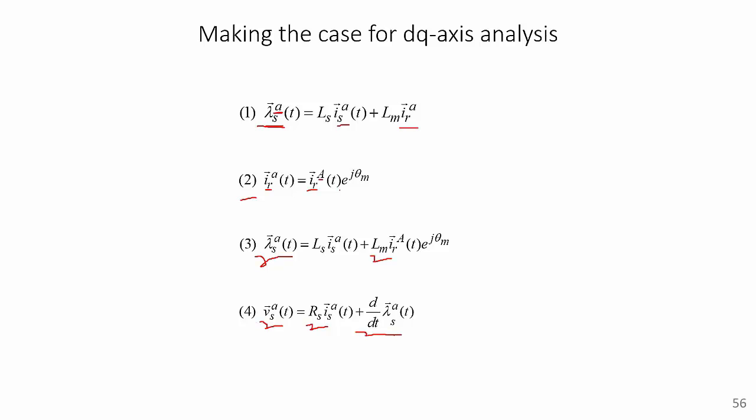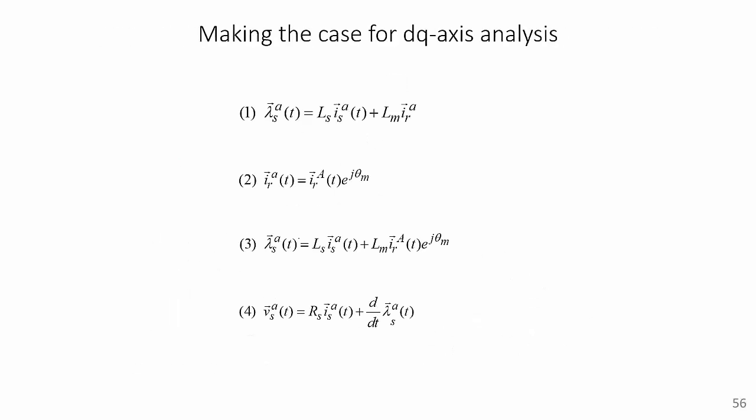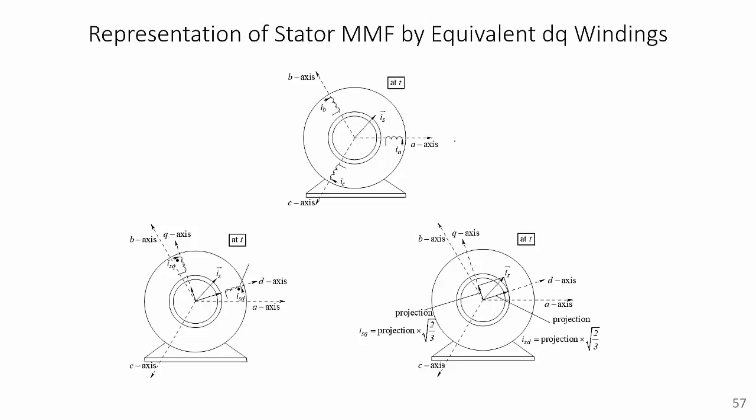One of the issues in modeling the system and designing a controller for it is the presence of the e power j theta component in our equations. This would prevent us from expressing our system in transfer function form, thus complicating any controller design. To avoid this j theta component, instead of projecting our space vectors onto a fixed axis, we can project our space vectors onto a rotational reference frame.